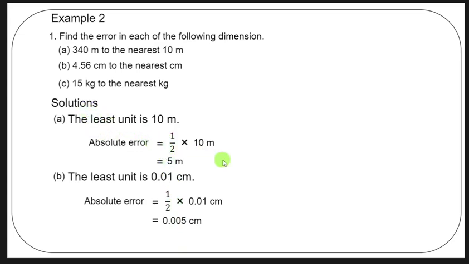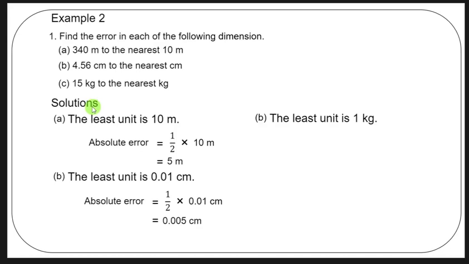So let's see. C. Yeah, sorry, this is C. So C, we have the least unit is actually 1 kg, because we have 15 kg to the nearest kg. So since we don't have a decimal, meaning we are moving whole numbers, if we start at 0, 1, 2, 3, 4, 5, 6, 7, 8, 9, 10, 11, 12, 13, 14, 15 kg.